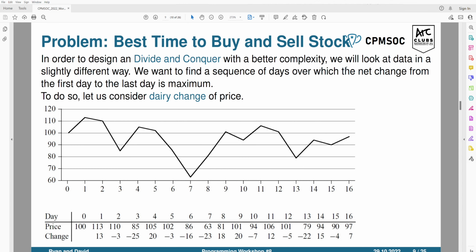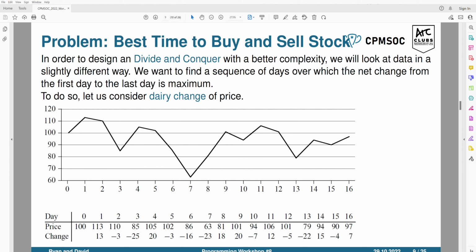So we came up with a naive solution, but we aren't happy about its complexity. So we want to think of a divide and conquer algorithm. In order to design a divide and conquer algorithm for this question, we want to look at the data from a slightly different perspective.